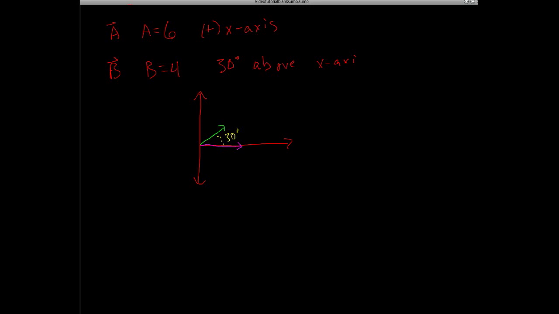Okay, so let's use the right-hand rule and figure out where C is going to point. If we curl our right-hand fingertips from A to B, just like this around, your thumb should be pointing right back to you. In other words, it's coming off the screen.